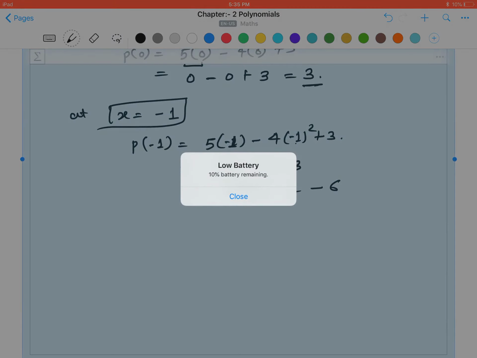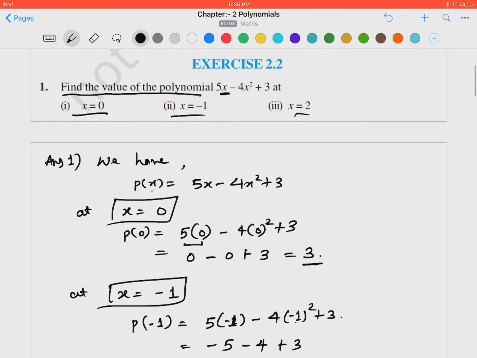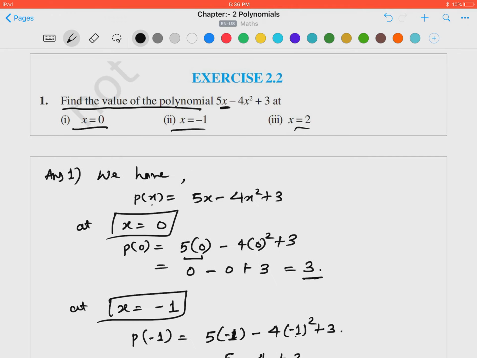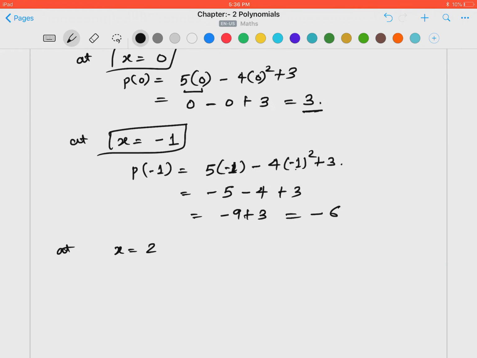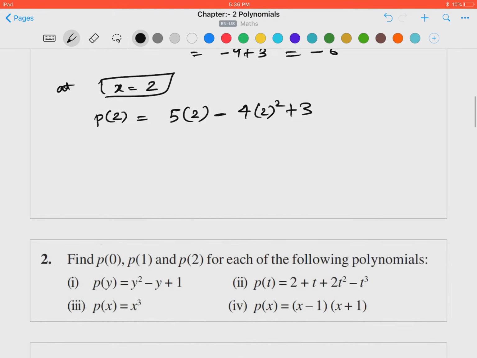Next we have x equals 2. So p(2) is equal to 5, at the place of x again we write 2, minus 4 times 2 square plus 3.